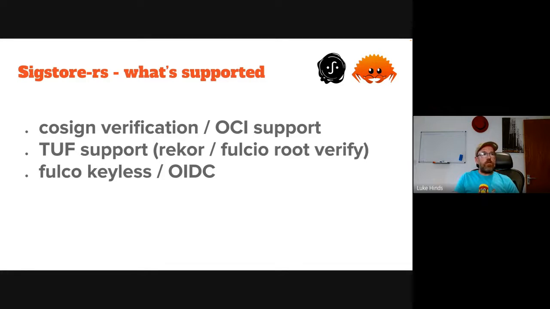If somebody signs something with Cosign and creates a signature annotation in an OCI registry, with the sigstore-rs library you can do a full verification of that. We also have TUF support, so you can verify Rekor and Fulcio roots. And we also have keyless signing, OpenID Connect keyless style signing, and some other minor functionality.